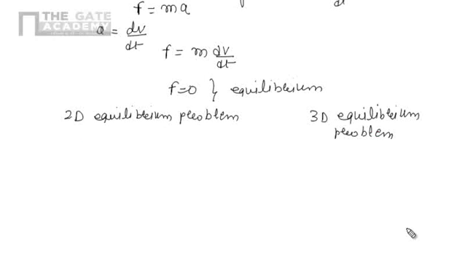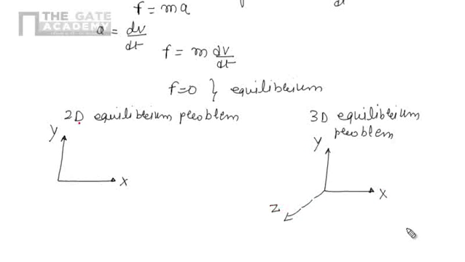In 2D equilibrium problem, we are dealing with the coplanar force problem, so I am interested in x and y plane only. But in 3D problem, we are interested in non-coplanar forces, so I am interested in xy and also in z.